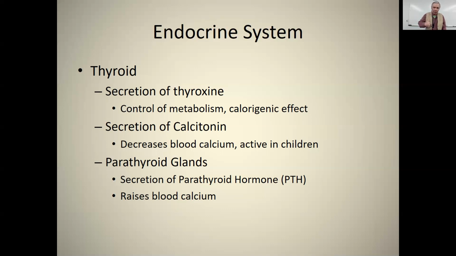PTH raises blood calcium. And we'll talk more about that when we get into the bone chapter, because it really regulates blood calcium, and whether you break down bone to produce calcium or you build up bone to decrease blood calcium. Okay.